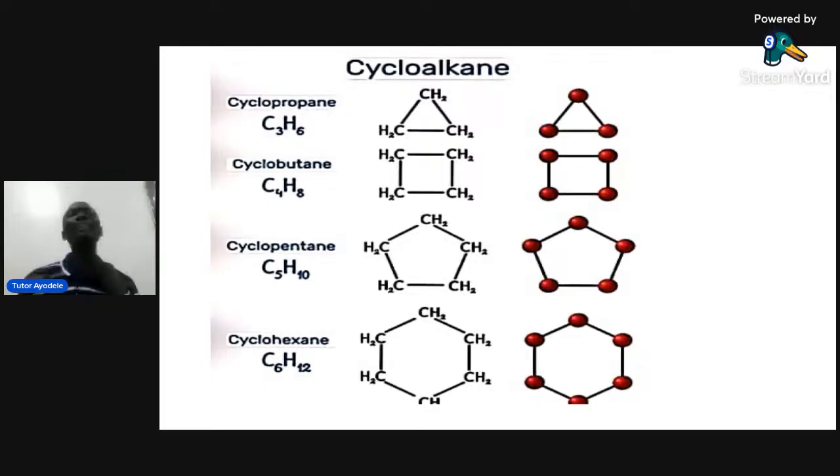What is here is the same thing as what is here. So they always have single bonds. That's how you can identify that it is alkanes. But if you check, you see that they are still closed. They are closed, right? So as I've said, these are the cyclo form of what? Alkanes. All right, let's proceed.